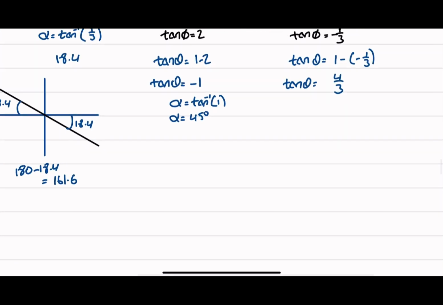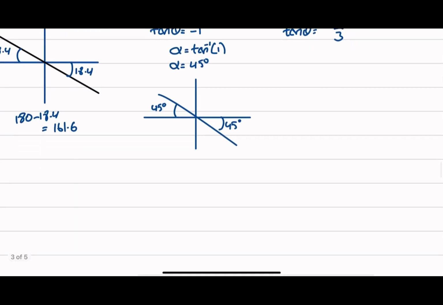Since it is negative, the answers will lie in the second and fourth quadrants. This goes beyond my range again, so the only answer I'll get from this is 180 minus 45, which is 135.